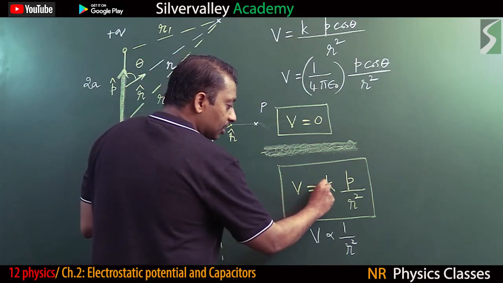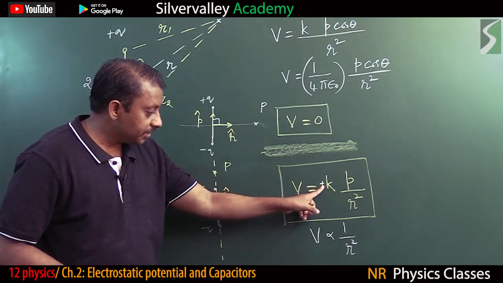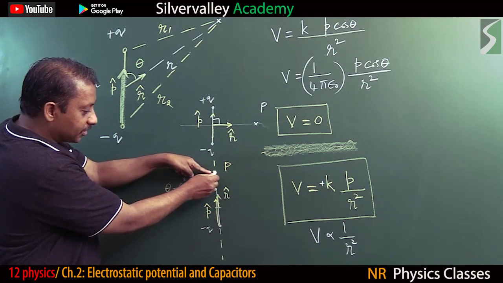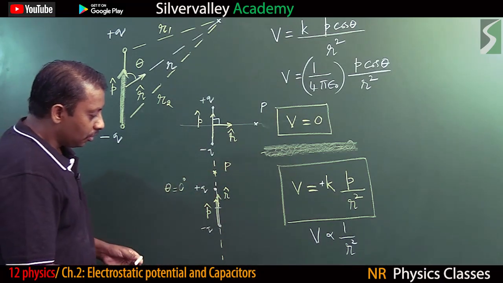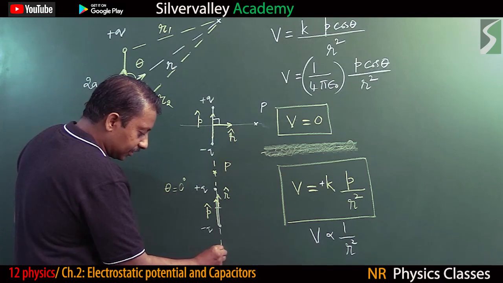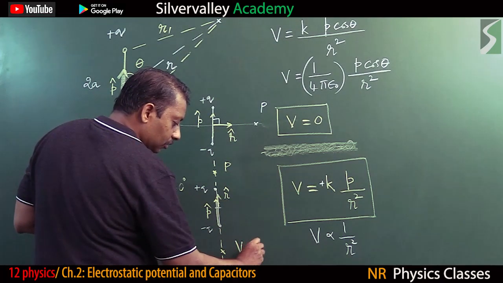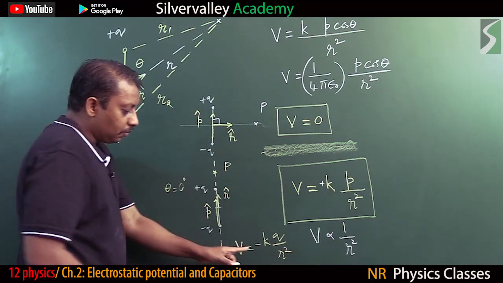Why is there a positive sign? This positive sign says the influence of positive charge at this point is more than the influence of negative charge. Suppose point P is here on this side, then we get potential as V equal to minus constant p by r square. Why the negative sign?